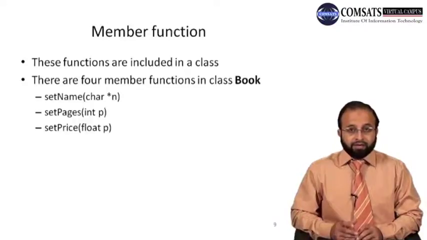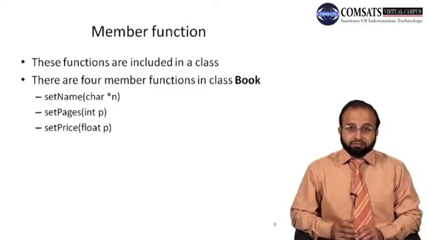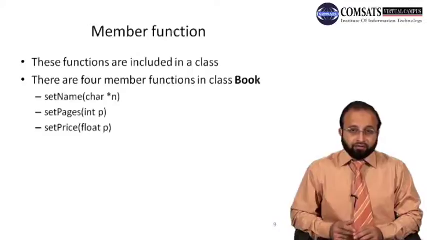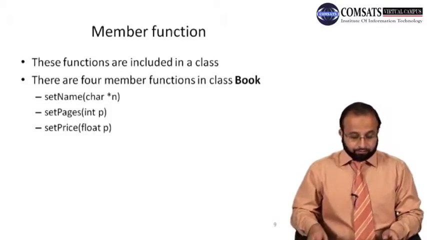So set name will set the name value of the object of that class, set pages will set the pages value, and set price will set the price value of the object of that class.